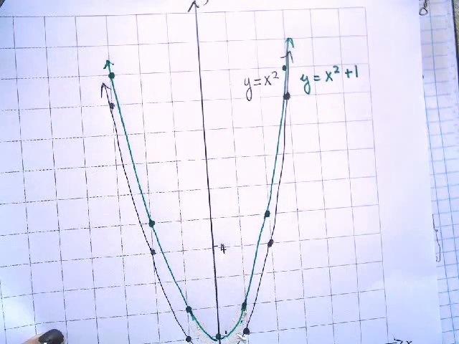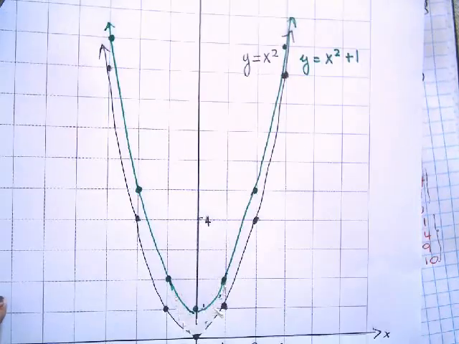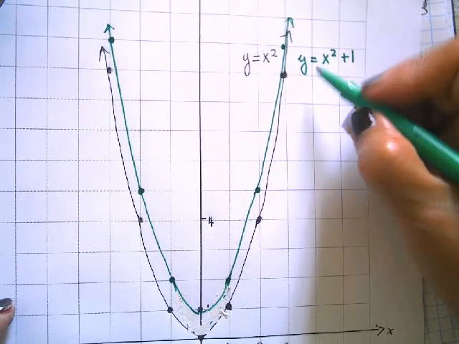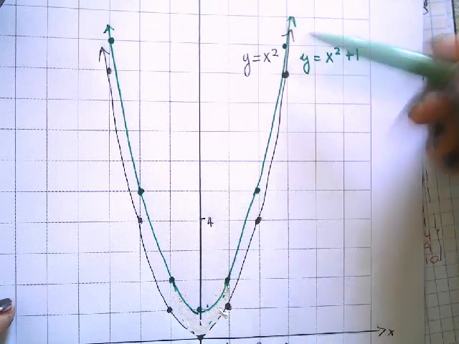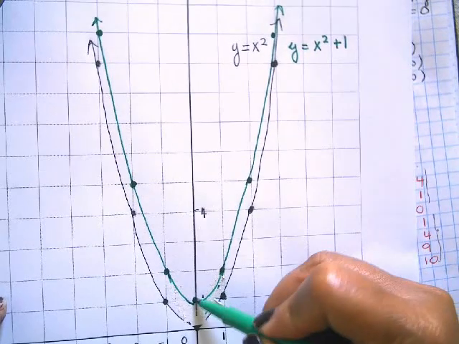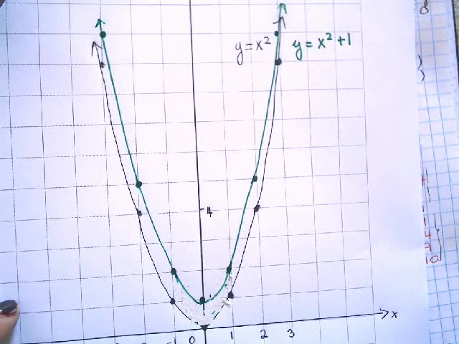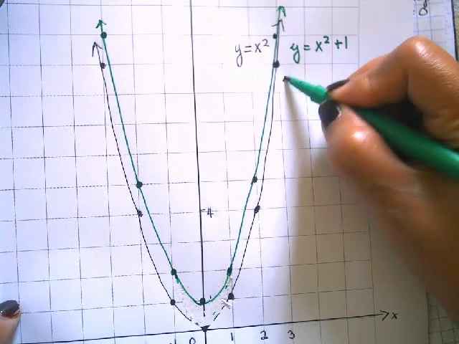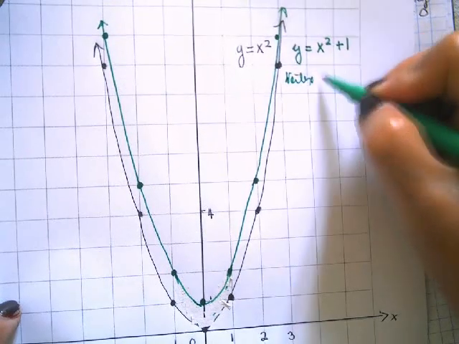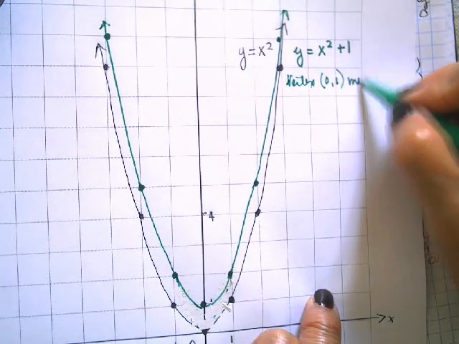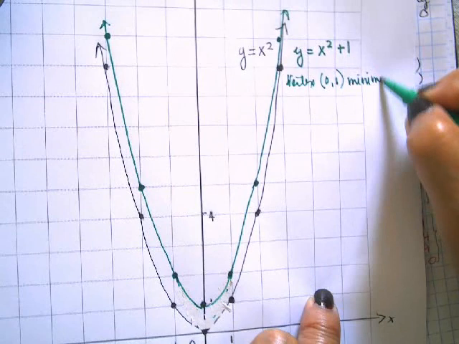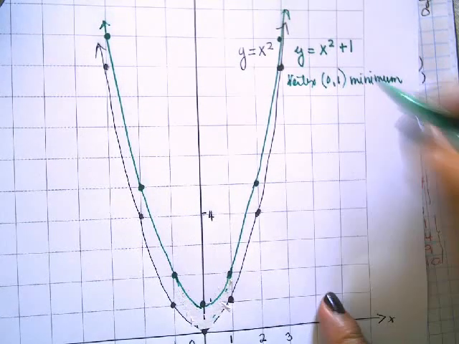So let's get the summary for this. Let's describe this green graph. It is a parabola opening upwards, and the vertex is a minimum, the lowest point. The vertex is at 0, 1, and it's the minimum point. Minimum means lowest point.